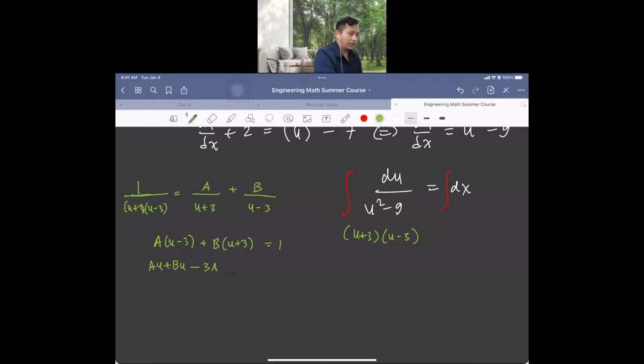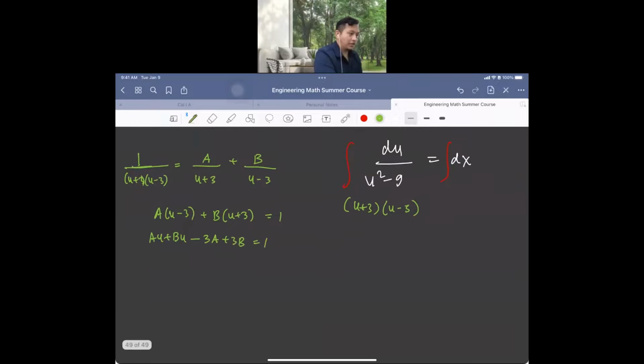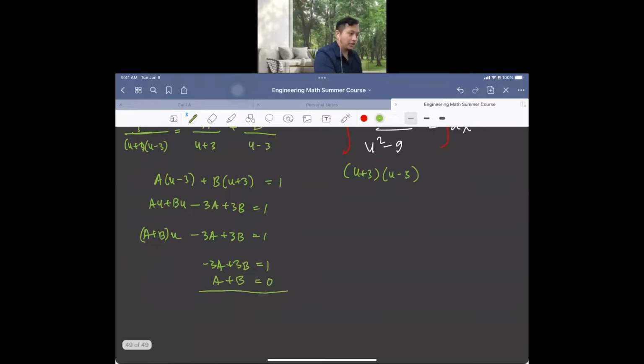So Au plus Bu minus 3A plus 3B is equal to 1. So negative 3A plus 3B is equal to 1, and A plus B is equal to 0. So let's just add and multiply by 3. So 6B is equal to 1, B is 1 over 6, A is negative 1 over 6.